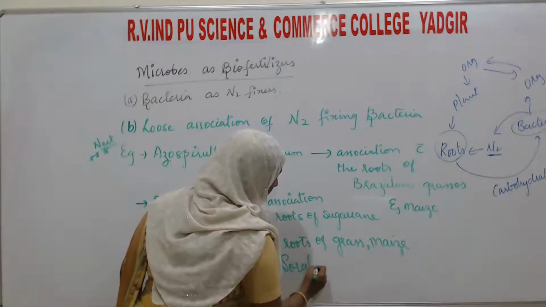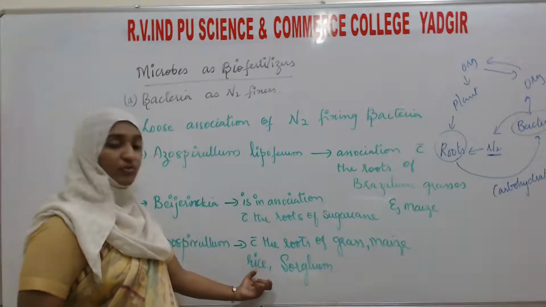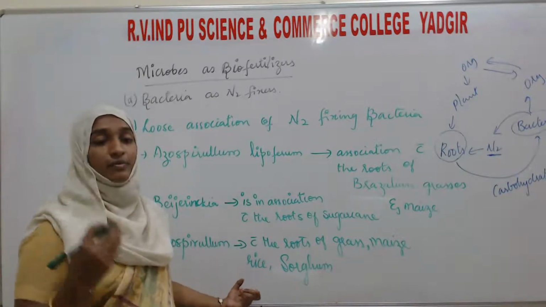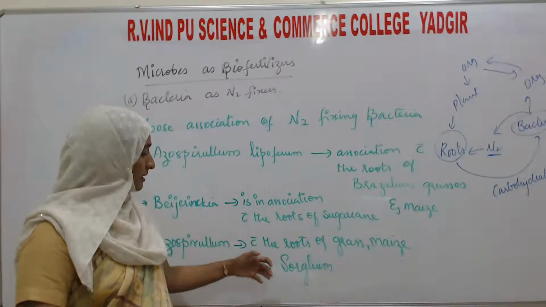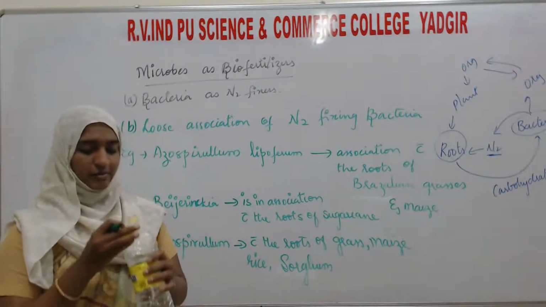So all these bacteria are providing biofertilizer. How? By the process of nitrogen fixing, and they are receiving carbohydrates from the plants. Okay, these are some of the examples.